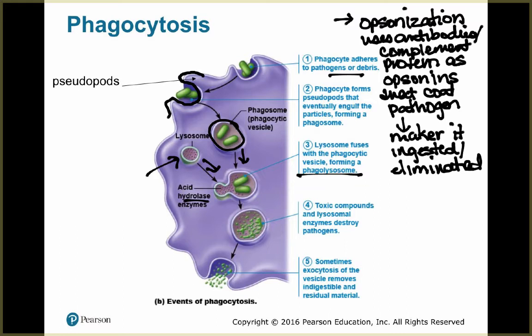Because of that lysosome and its acid hydrolase, right? It's an enzyme, and if you think acid and you think hydrolysis, or adding water to tear stuff up, it's going to break it up. So it's going to be toxic, and it's going to basically destroy and digest those particles. And anything that's indigestible and any residual waste will end up being removed through exocytosis out of the cell. So this is how phagocytosis happens.